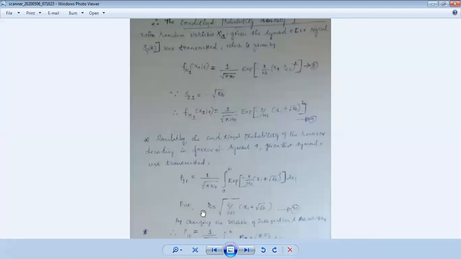Put z equal to this function. For mathematical purposes, we have put it across by changing the variable.